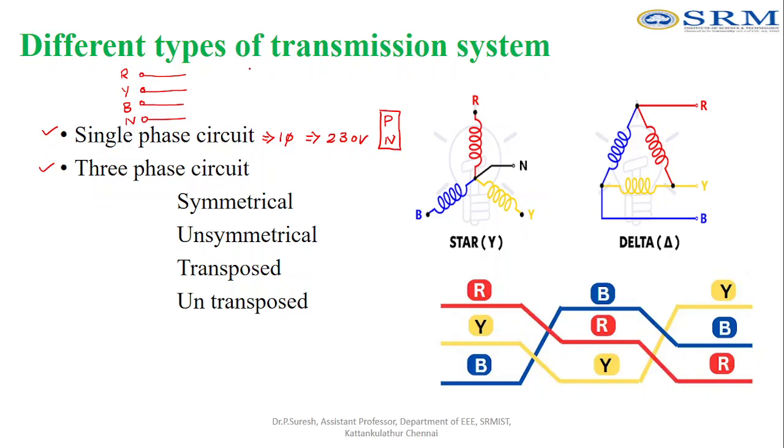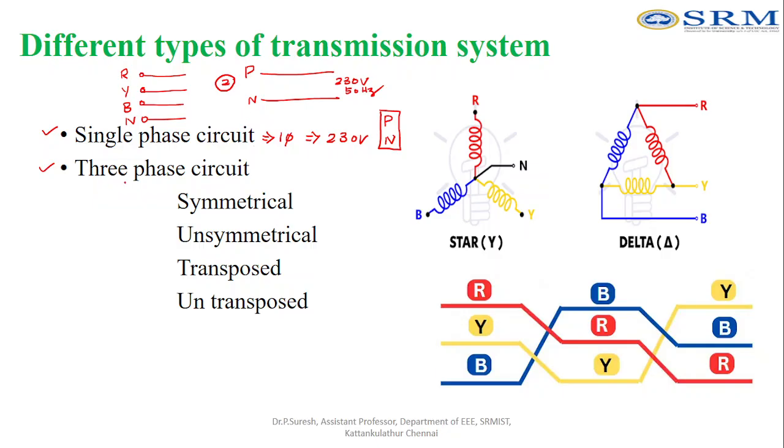For this case, I require only 2 conductors: one is the phase conductor and the other is the neutral conductor. The voltage between these 2 conductors will be 230 volt, and the frequency is 50 Hz in India. So this is called a single phase circuit. For a single phase circuit, we require 2 conductors: for phase, 1 conductor, and for neutral, a second conductor.